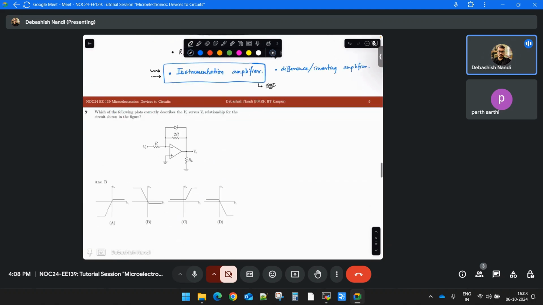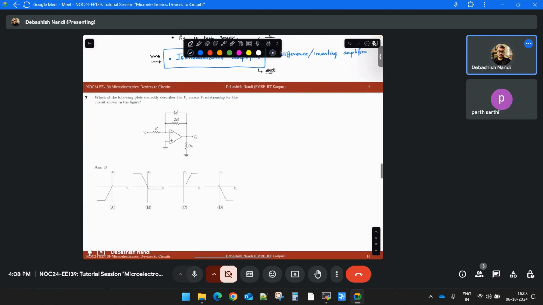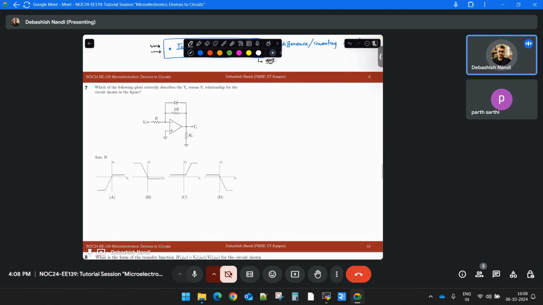So now, which of the following plots correctly describes the V0 versus VI relationship for the circuit shown in the figure? The following questions I am going to discuss now are very important for the GATE exam, so look at them from that point of view.